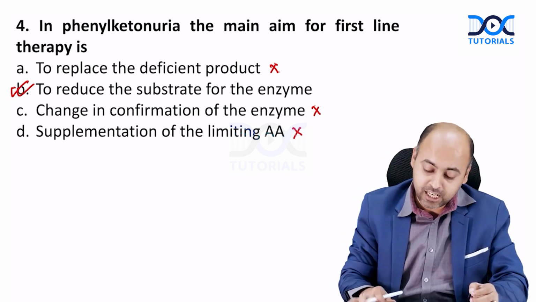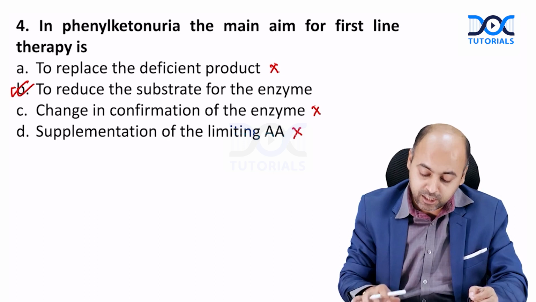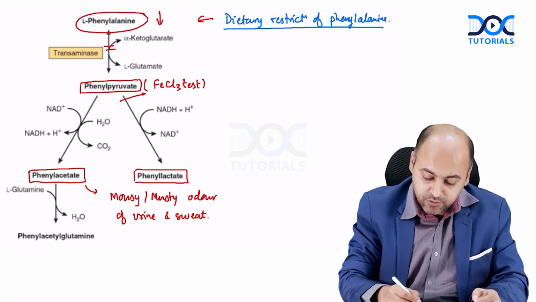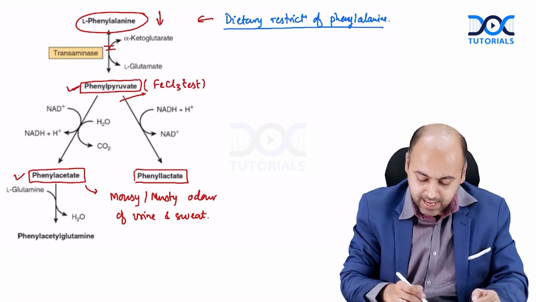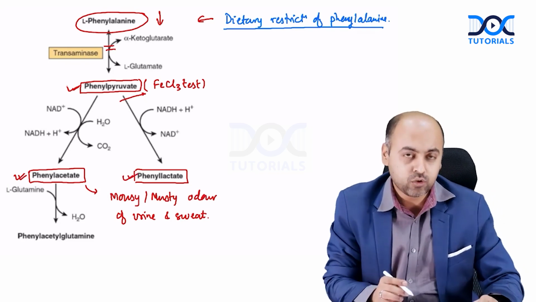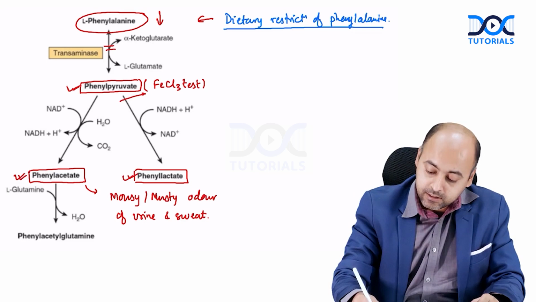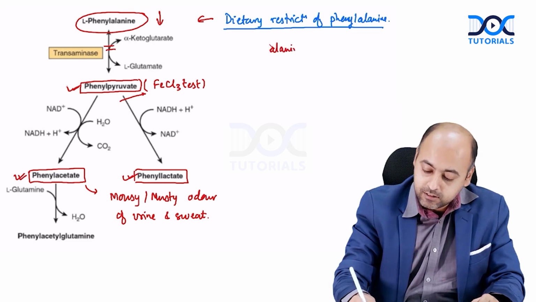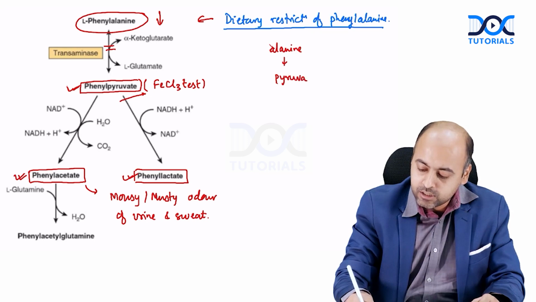Take a look at the enzymes, the products in the alternate pathway once again. So the phenyl pyruvate, the phenyl acetate and the phenyl lactate. Okay, you can remember it like this. The alanine on transamination gets converted to pyruvate.